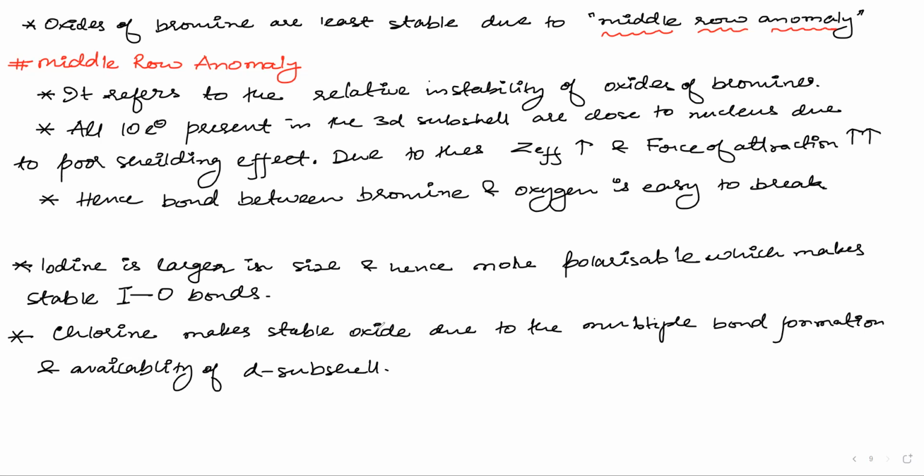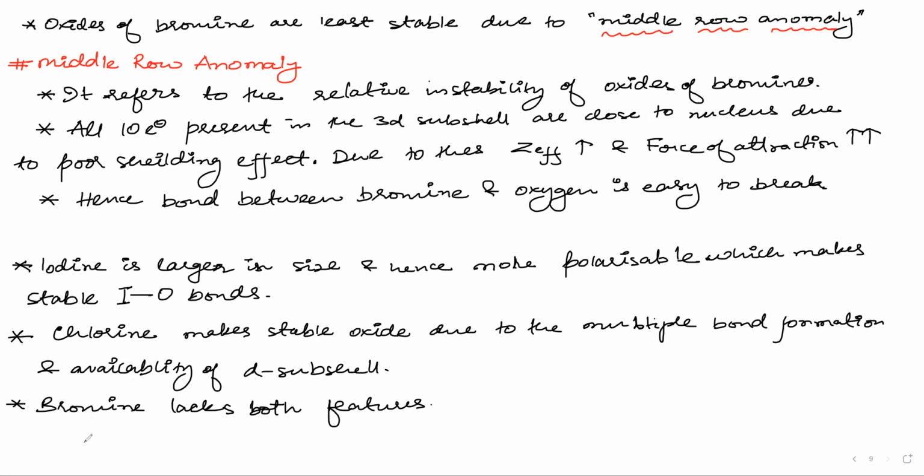Now bromine lacks both of these features. Bromine is neither as large as iodine to be more polarizable, nor does it have a vacant d subshell. It has a completely filled d subshell of 10 electrons. So write these 3 points.